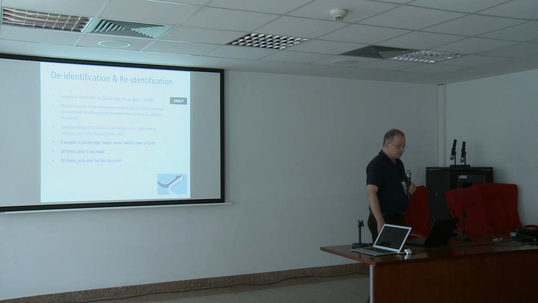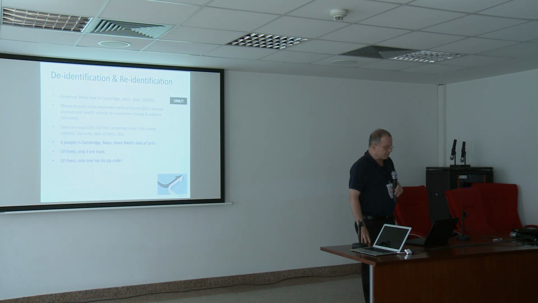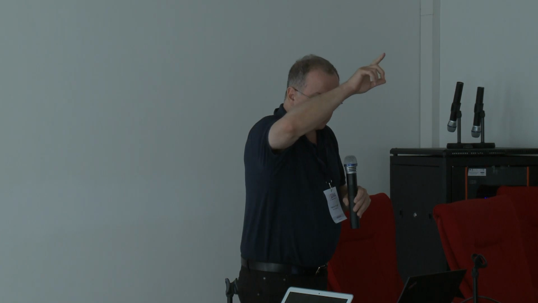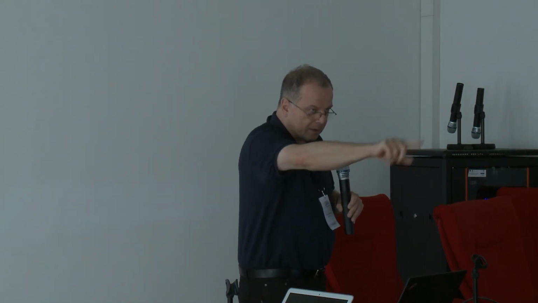If Sweeney were only able to discover that Weld is one of six people for whom she holds health records, so she doesn't know who the real Weld is among the six records, we would say that the K value is 6. If we also give Sweeney the gender and she knows that Weld's health record is one of these 3 health records, we would say that K is 3. If we give her the zip code and she knows exactly that this is Weld's health record, K equals 1.